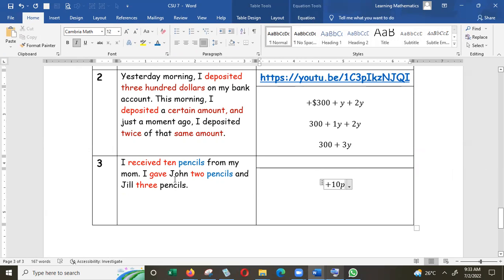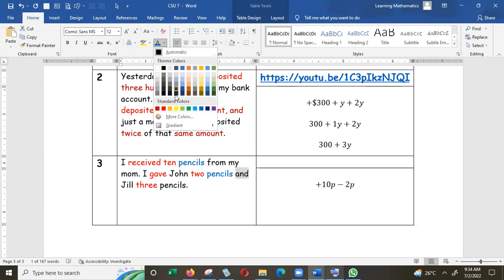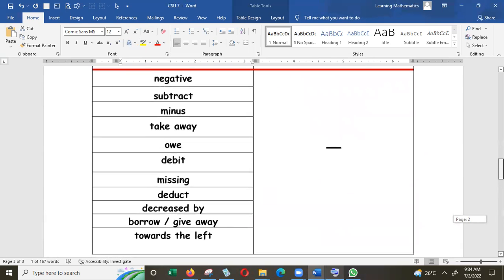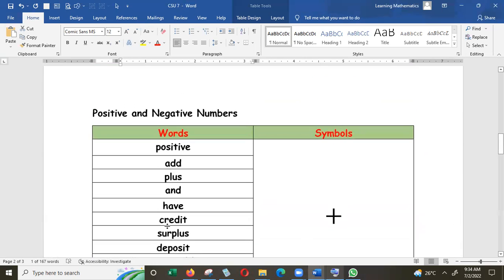I gave John, to give away is a subtraction, 2 pencils. We all know the symbol for 2. I'm using P for pencil. And now is a very important word in arithmetic, because it also signifies quantification, like you add in. The symbol for and is a plus in arithmetic.